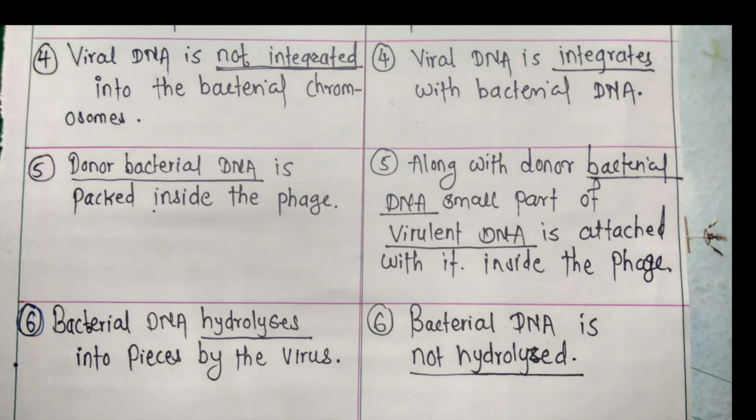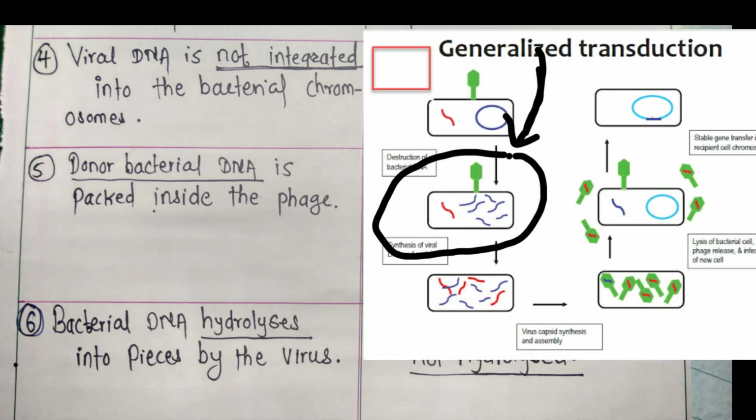The fourth difference is that in generalized transduction, viral DNA is not integrated into the bacterial DNA or bacterial chromosome. As you know, in generalized transduction the process takes place with the help of virulent bacteriophages, and remember that the viral DNA is not incorporated or integrated with the bacterial DNA or bacterial chromosome.